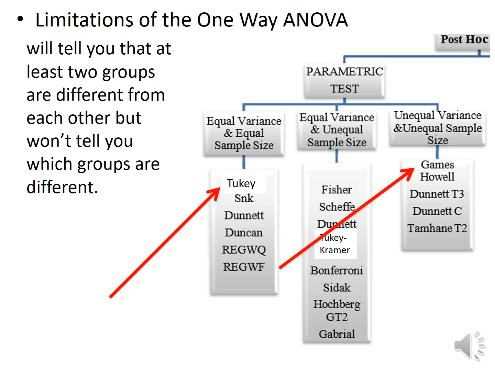So unequal variances would be assumed, and also there is the possibility that there is unequal sample size. So you select either of these post hoc tests.